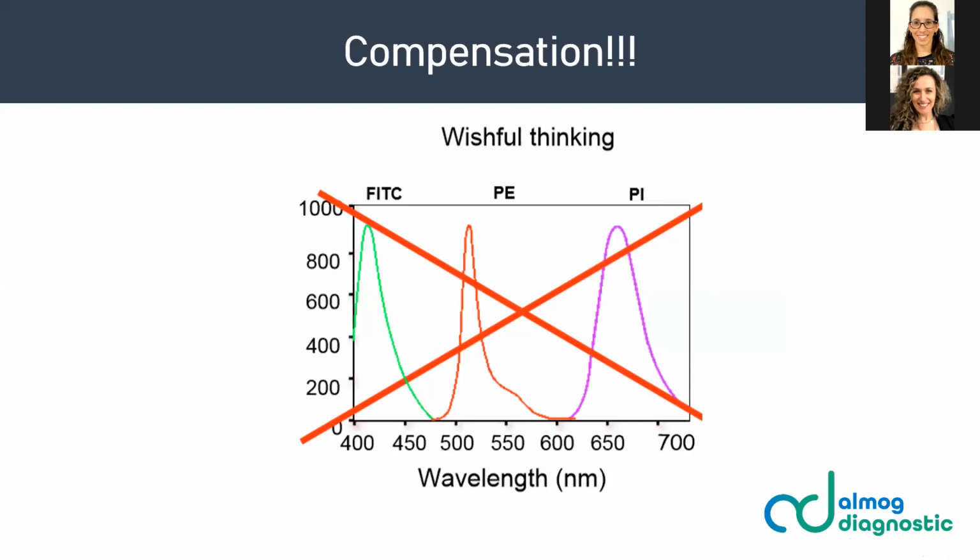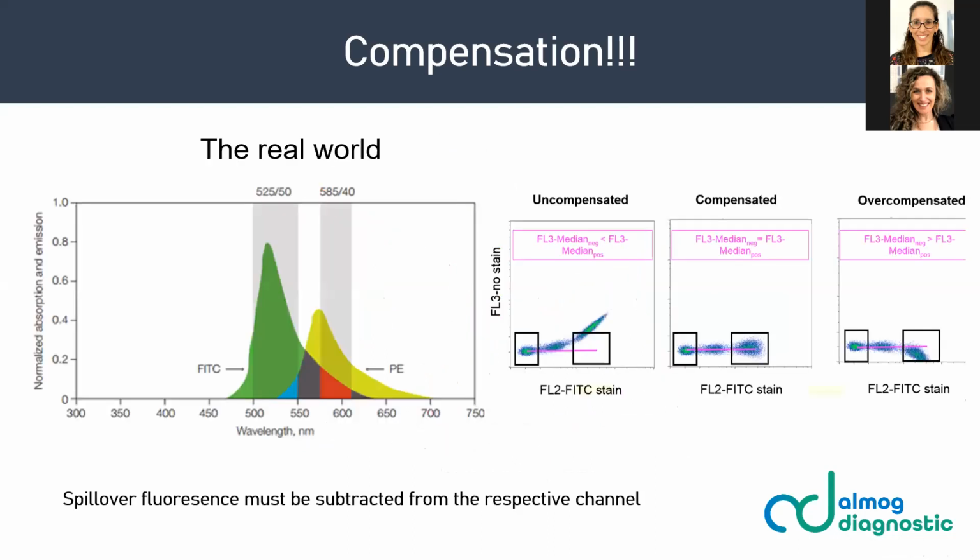Okay, so now we will talk about compensation. Compensation is also something that we need to perform with every new antibody panel that we have. Wishful thinking is that every dye has its unique emission spectra that is captured by its unique filter, but in the real world, it doesn't work like this.